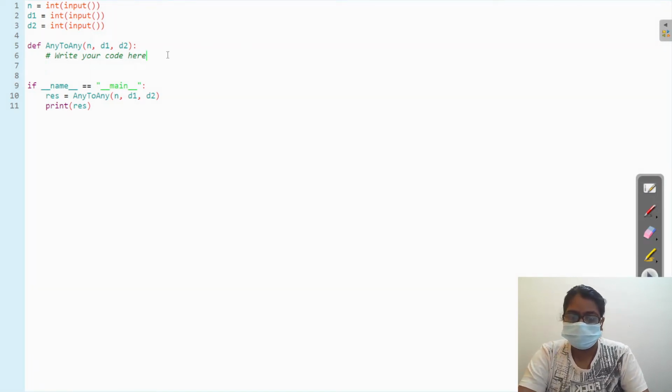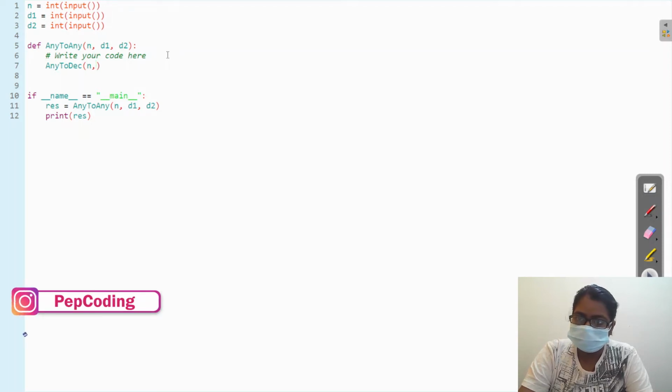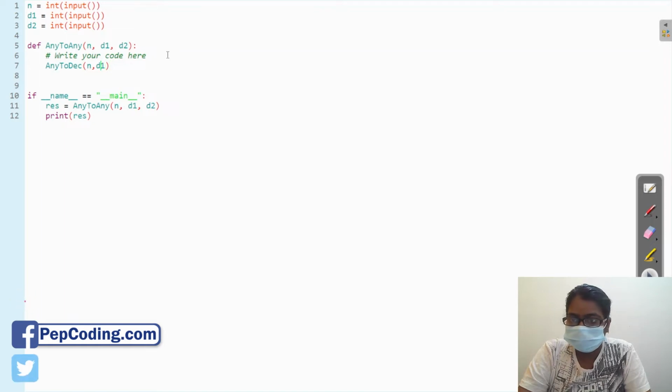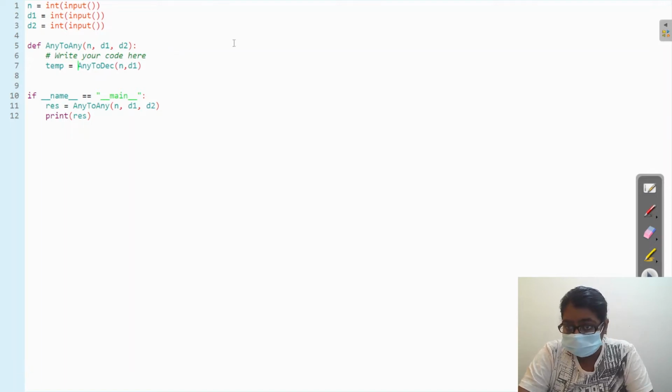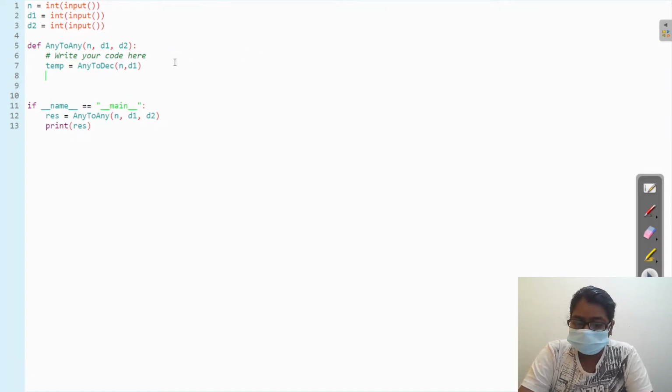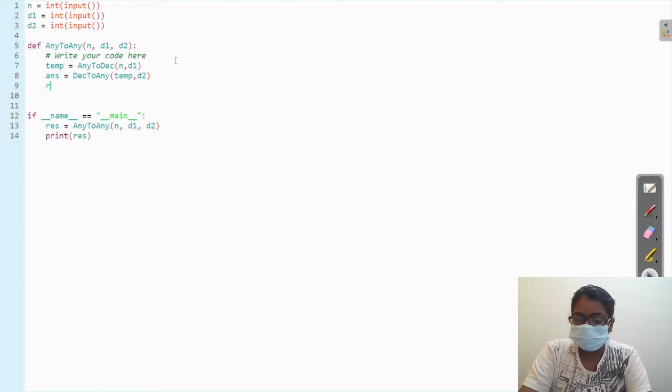First, we will convert it to decimal using any to decimal, passing n and d1, and store the answer in temp. Then we pass this temp inside decimal to any, with d2, and return the answer.